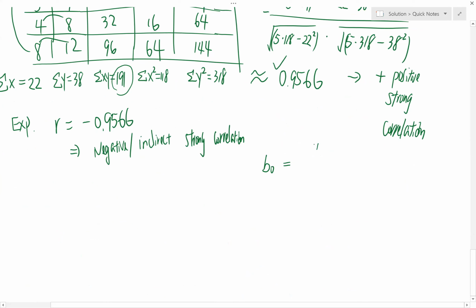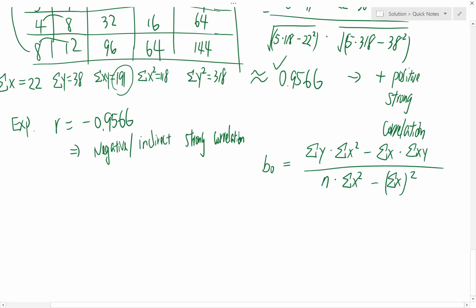It's the total summation of y times summation x squared, minus summation x times summation xy. That would be the numerator. The denominator is the same for both formulas: n times summation x squared minus summation x, in parentheses, squared. All right, so now again, all these numbers are there, right? Just pick them and plug into the formula.